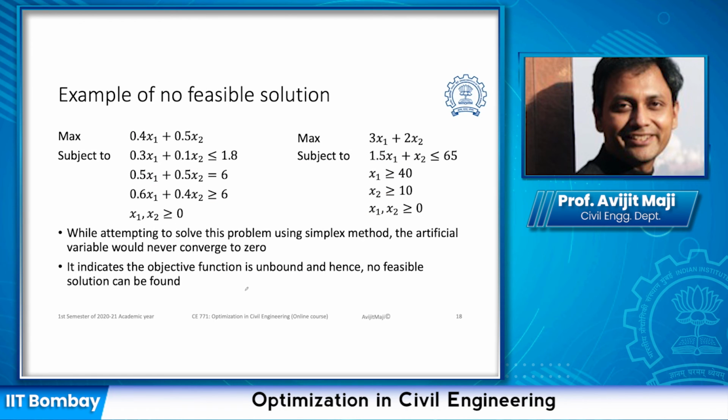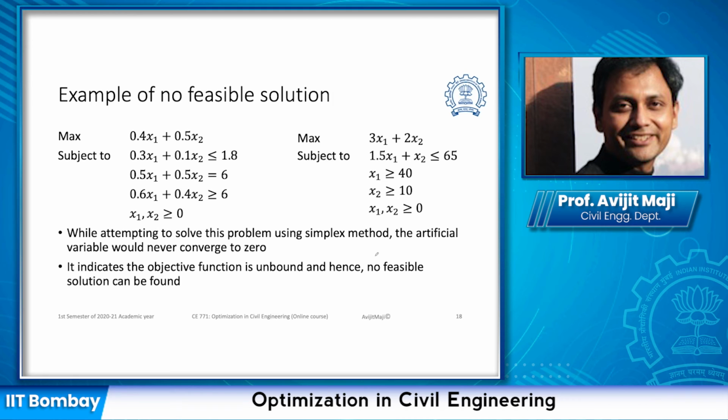Here are two examples for which you will find no feasible solution. If you try to solve these two problems, you will find that the artificial variable introduced will never converge to 0.